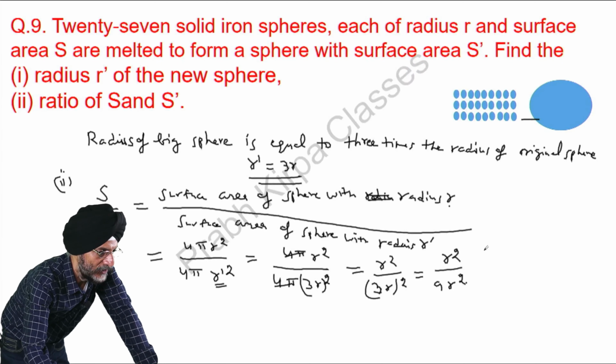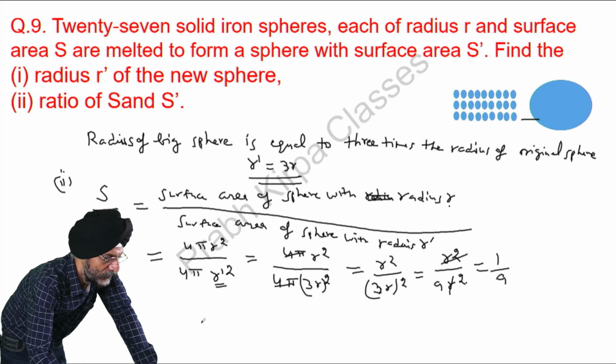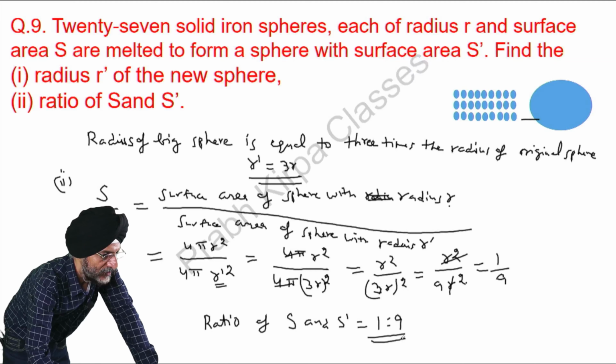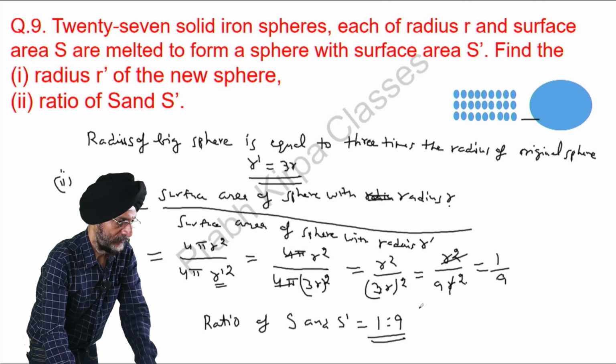In other words, we can say that it is 1 over 9, that is, the ratio of s and s dash is 1:9. This is the answer.